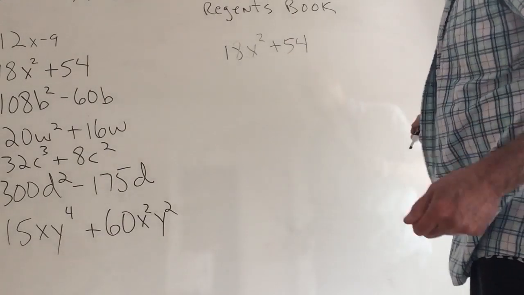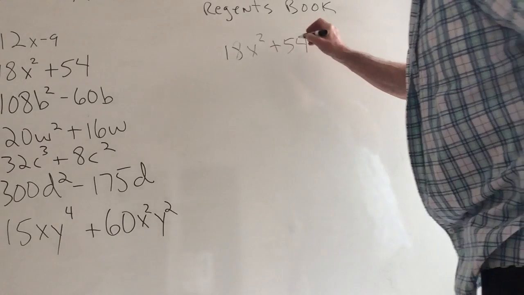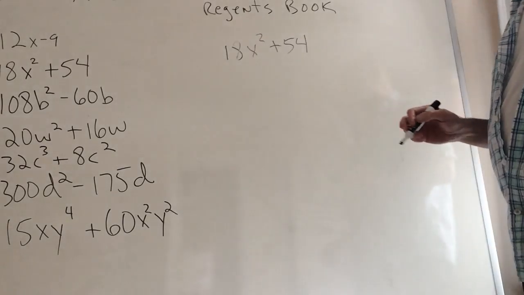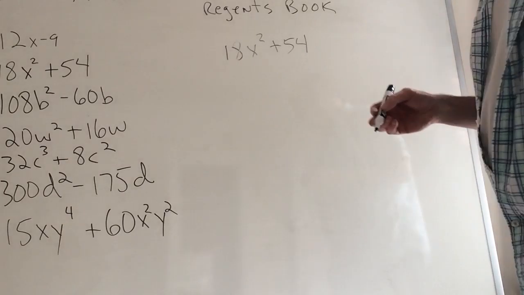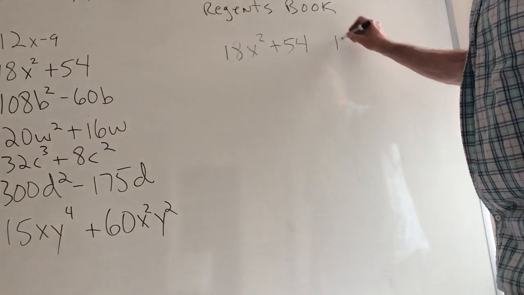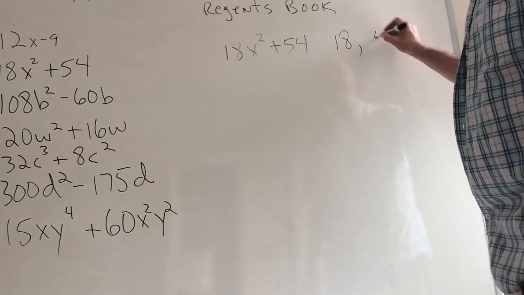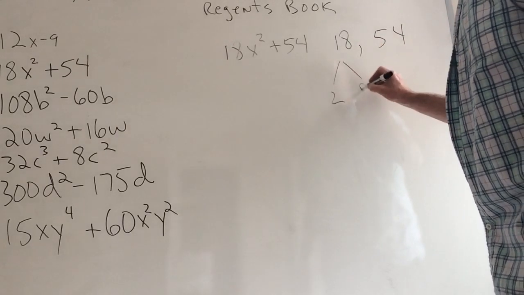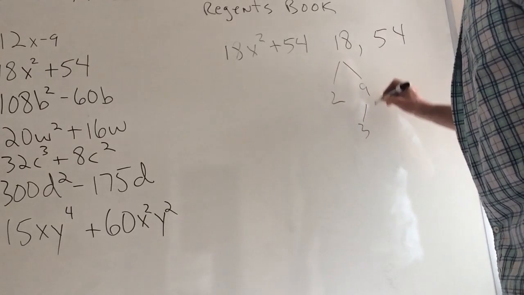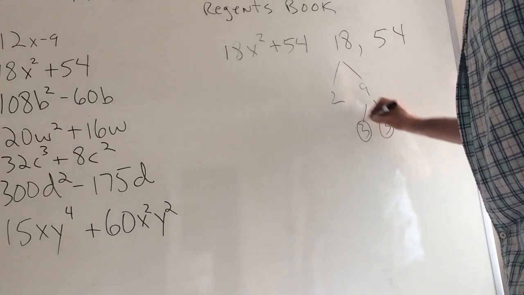Well, the best way to do this problem is to notice that 54 is a multiple of 18. If you don't know that, then you're going to have to factor. And it would be easy to do so if I put them like this. And there we go. But really, like I said, how can you compare the two methods?